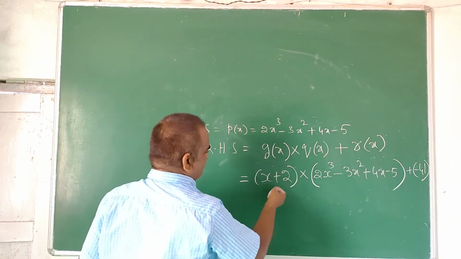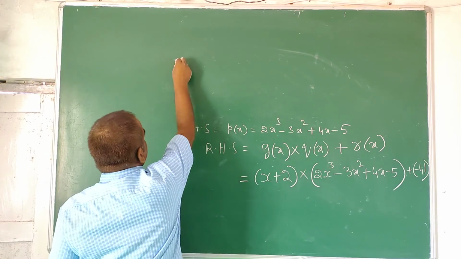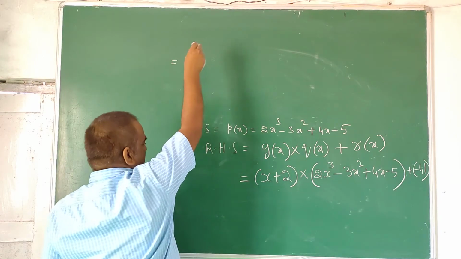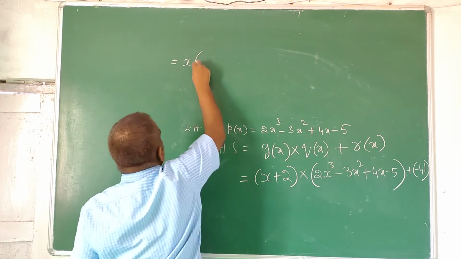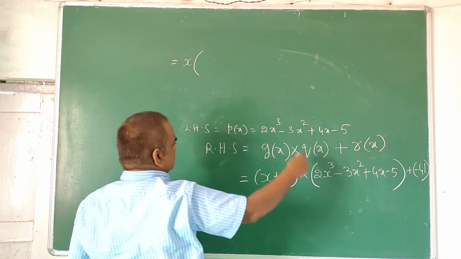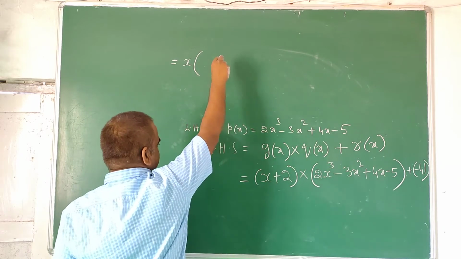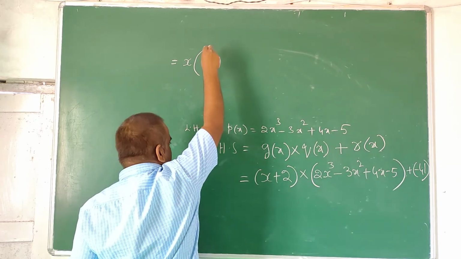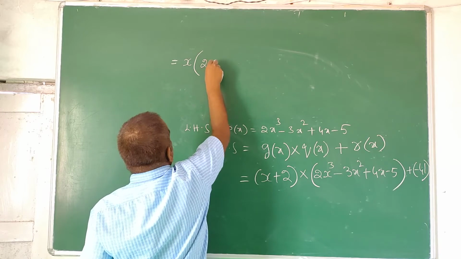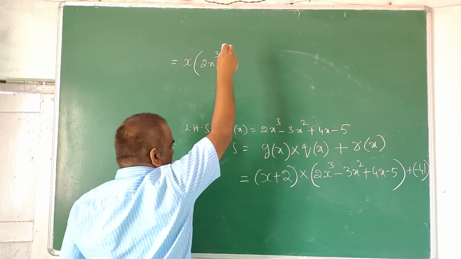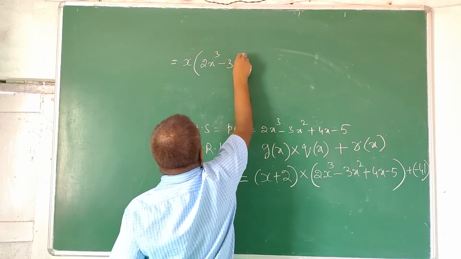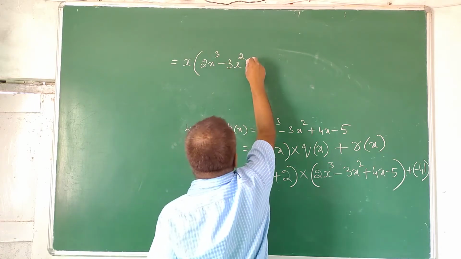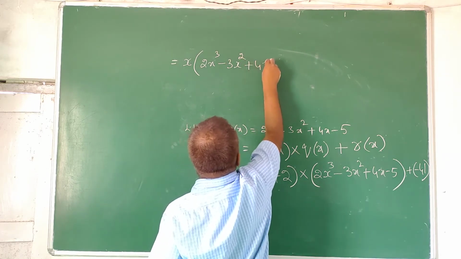Now you multiply. So you are multiplying using distributive law. X into this whole thing, 2x cube minus 3x square plus 4x minus 5.